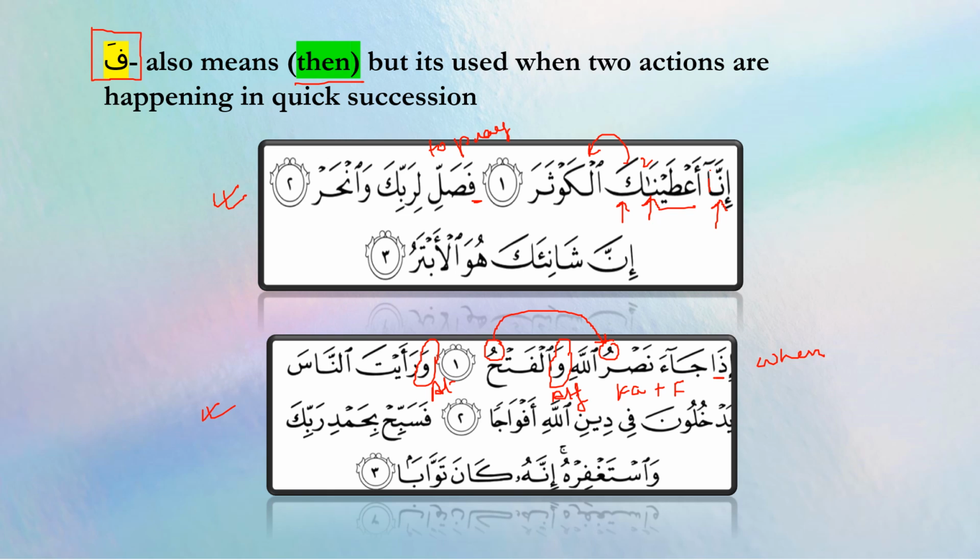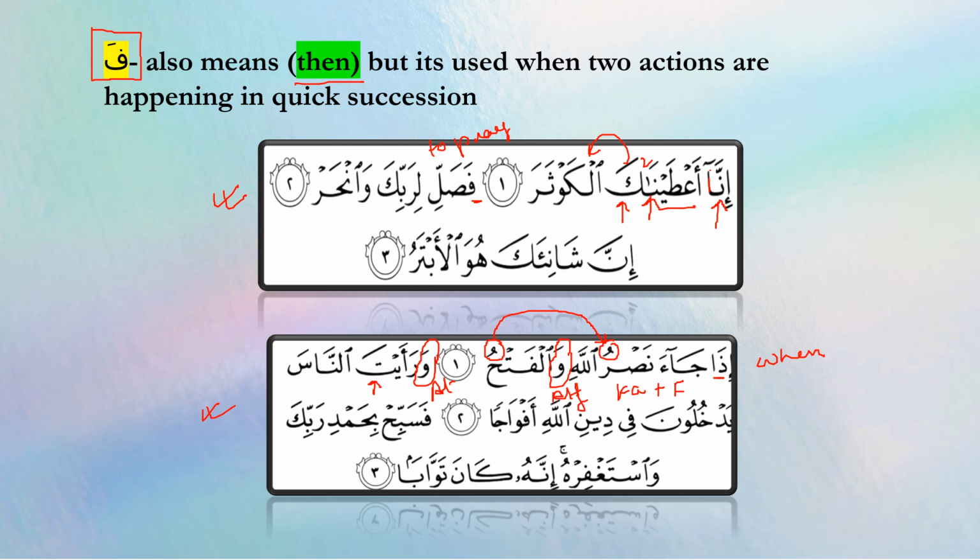Ra'ay means saw. Who is seeing? You saw. So ra'a is a fail madi and ja'a is also a fail madi. So you can see past tense and past tense, and jumla fe'liya and jumla fe'liya. Ra'ayta nasa, like you saw, and Allah subhanahu wa ta'ala is talking to sallallahu alayhi wasallam.